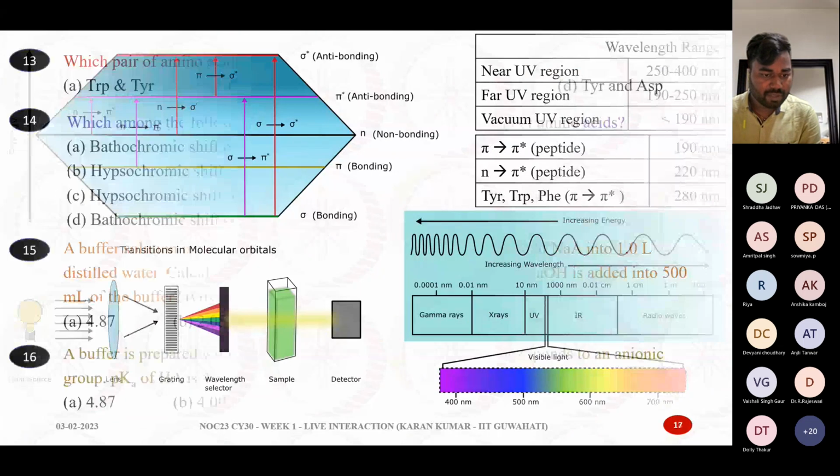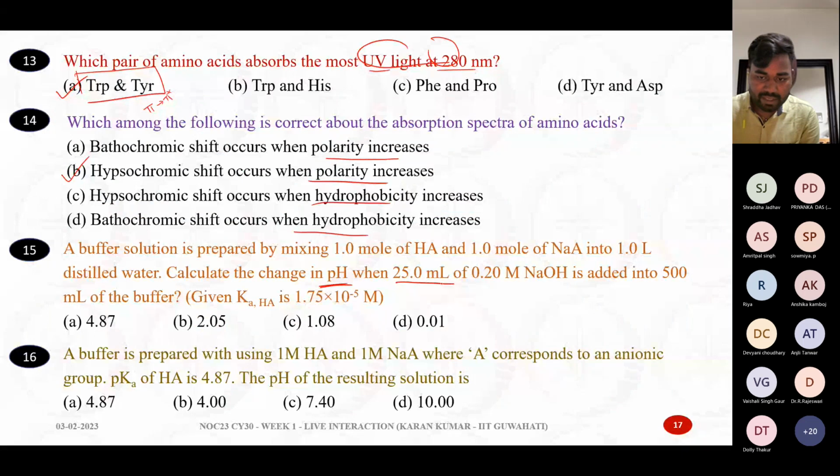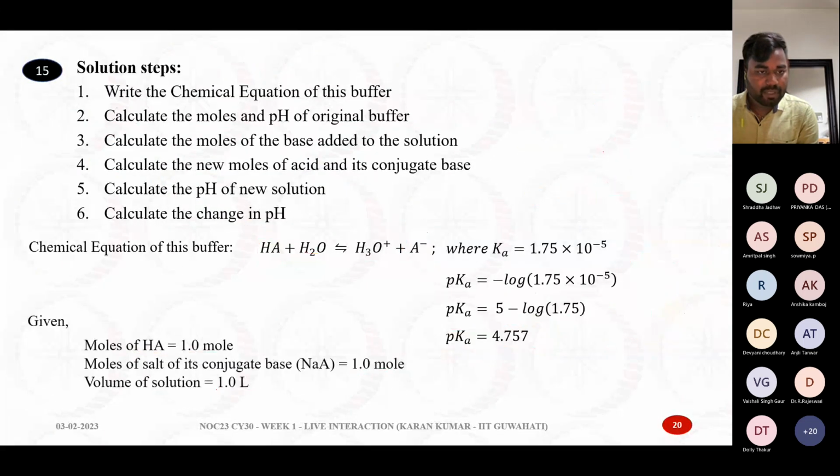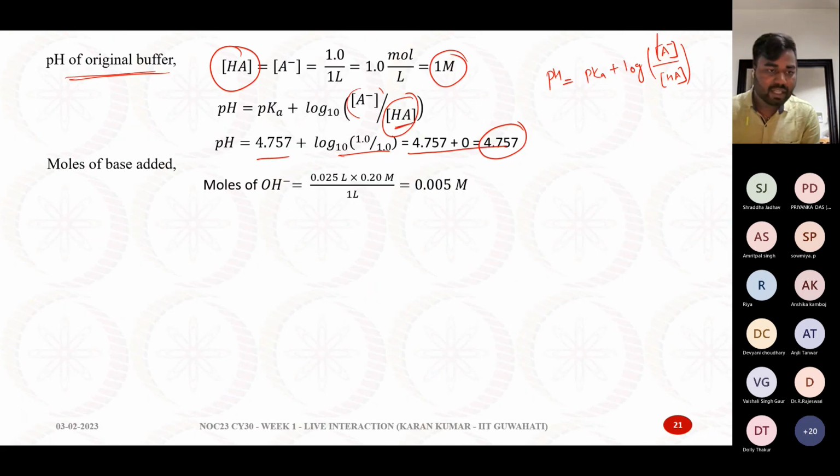Okay. Now the next part of the question was that you have added 25 ml of 0.2 molar NaOH to 500 ml of buffer. So what will be the change in pH? You have calculated the pH of the original buffer. The next thing is how many moles of OH minus have been added. 25 ml is 0.025 liter and the molarity was 0.2 molar.